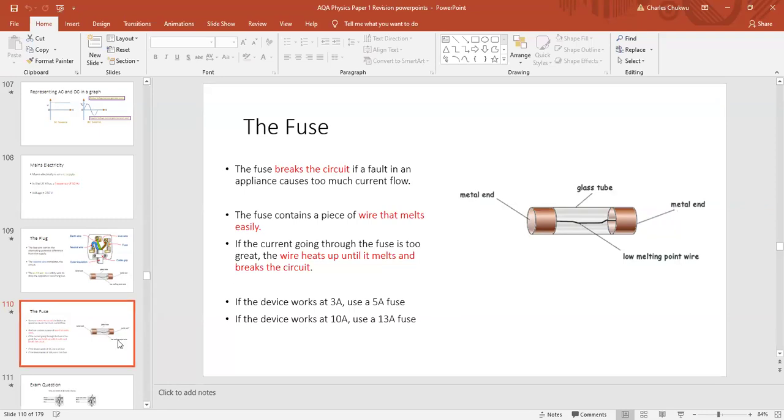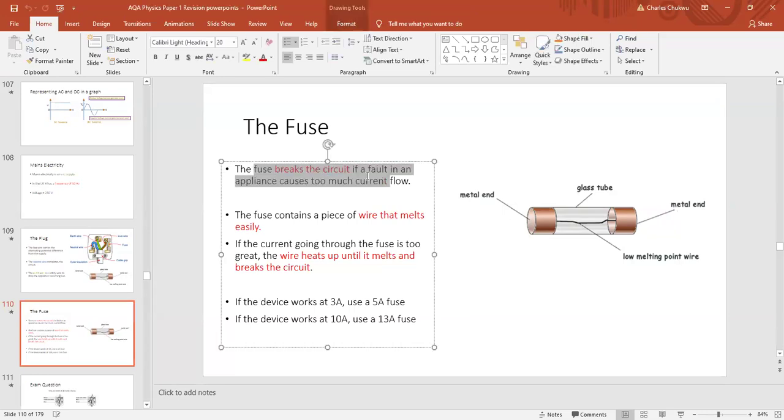So let's take a look at the fuse. We all know what the fuse is. Basically, the fuse's job is to break the circuit if the current flow is too high and will damage that device. So it's always good to go with a plug that has a working fuse. And guess what?